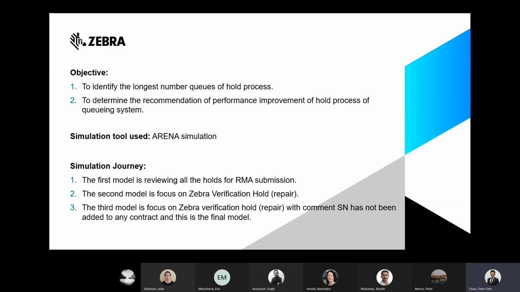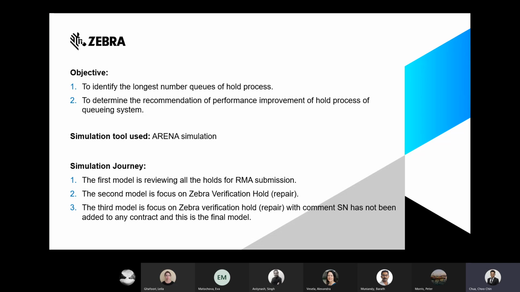The objectives are, first, to identify the longest queue in the whole process so as to release the holds, and second, to determine recommendations for performance improvement of the holds process in the queuing system.